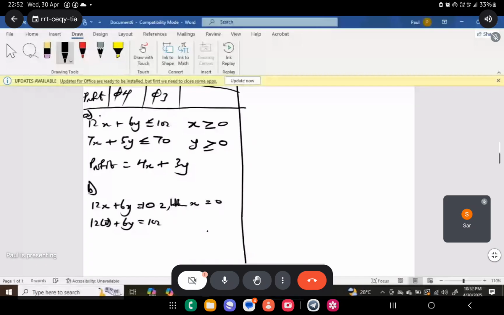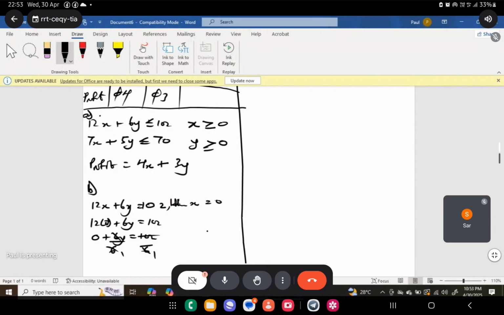So we get 0 plus 6y being equal to 102. So we divide both sides by 6. This cancels this. 6 will go into 102 how many times? 102 divided by 6 is 17.